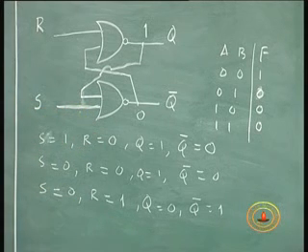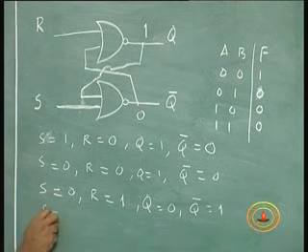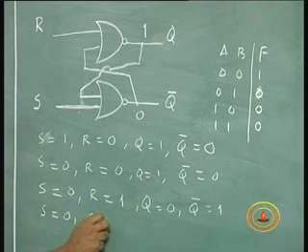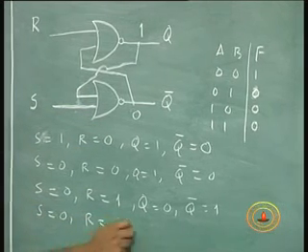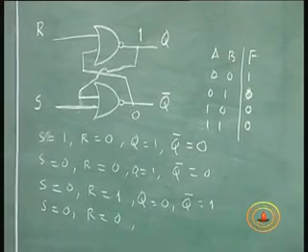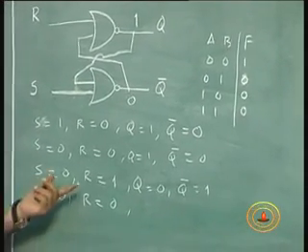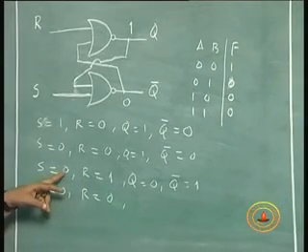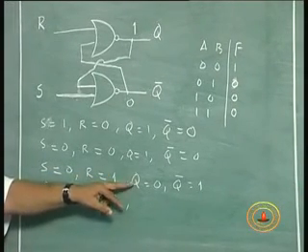Now again I will do this s equals 0, r is equal to 0. This will make it very clear. Input is dependent on the previous output. I mean, the present output is dependent on the previous output. Now I am considering this case when s is equal to 0, r is equal to 1, output of q is 0, q bar is 1.